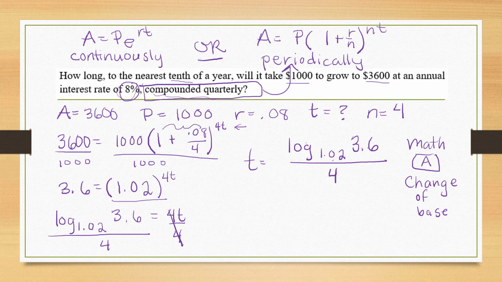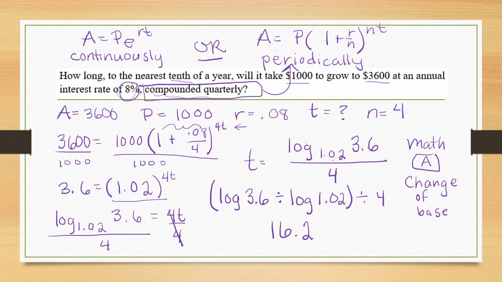And what you would type in the calculator then would be log of 3.6 divided by log 1.02. And I would put those in parentheses and then divide by 4. Either way you do it, you'll get the same thing, and we're rounding to the nearest tenth of a year, and you're going to find that it takes 16.2 years.